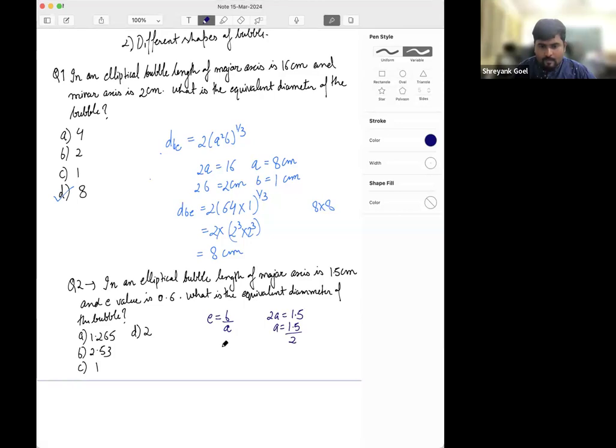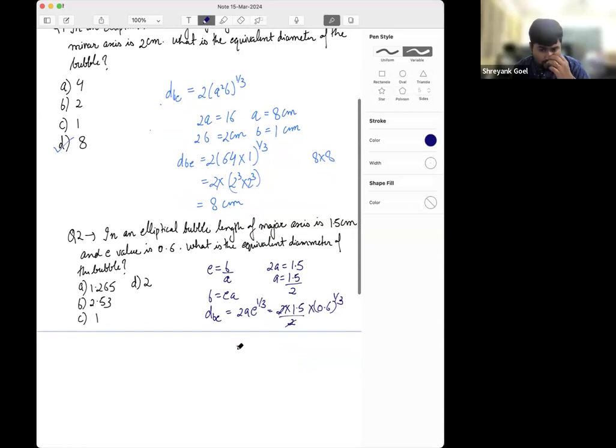With E we can get b. b is nothing but ea, so the equivalent diameter becomes 2a times e to the power 1 by 3. So 2 into 1.5 divided by 2, and e is 0.6 to the power 1 by 3. If we calculate it, it becomes 1.5 into 0.6 to the power 1 by 3.